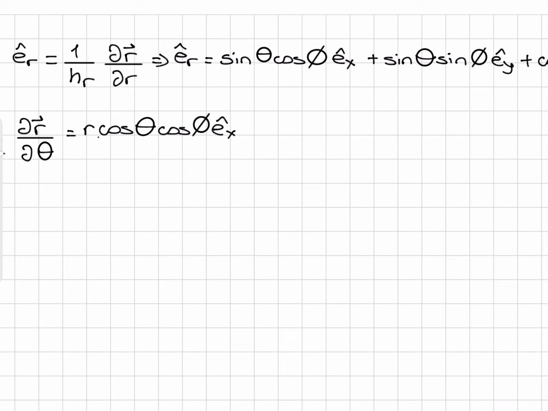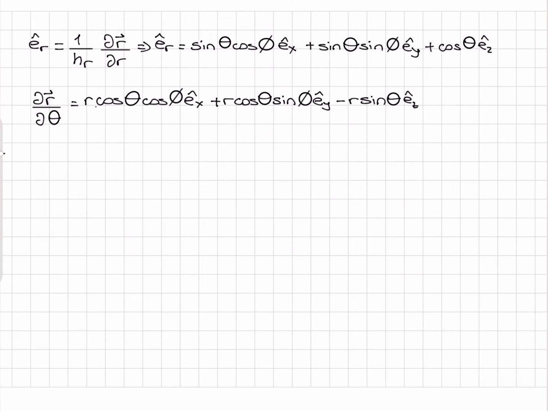Y term was r sine theta sine phi, and that derivative will also give me an r cosine theta, so r cosine theta sine phi in ey hat direction. The last term was r cosine theta. That derivative will give me minus r sine theta in ez hat direction.